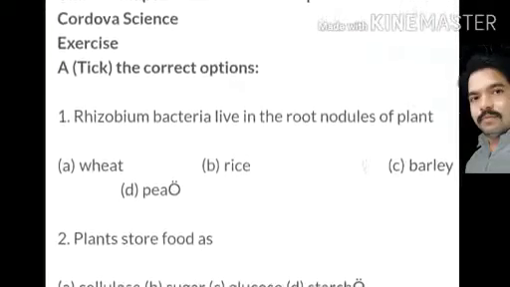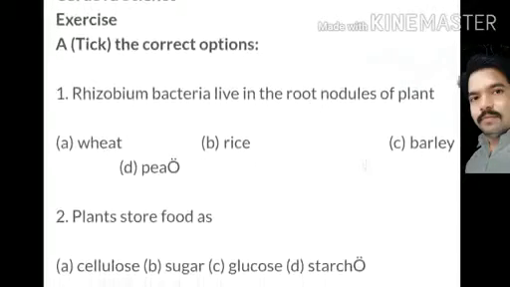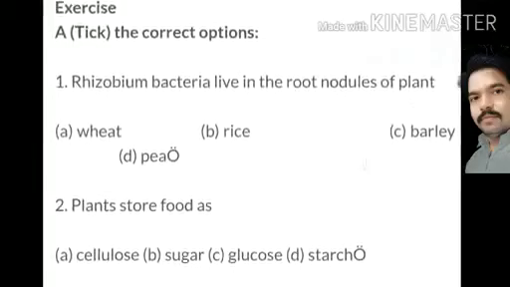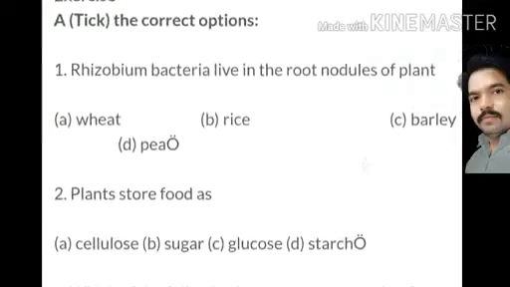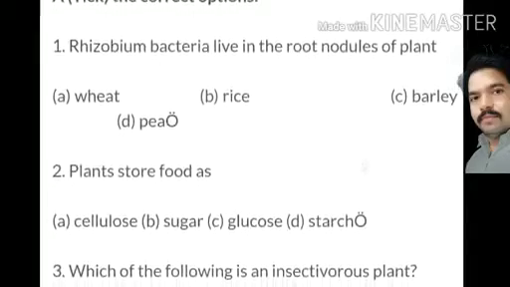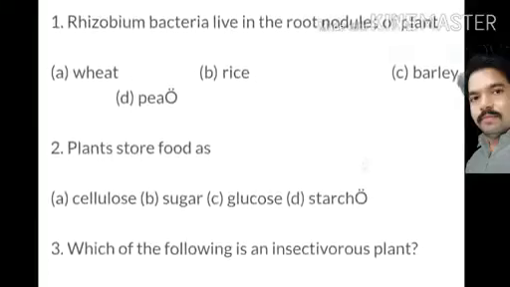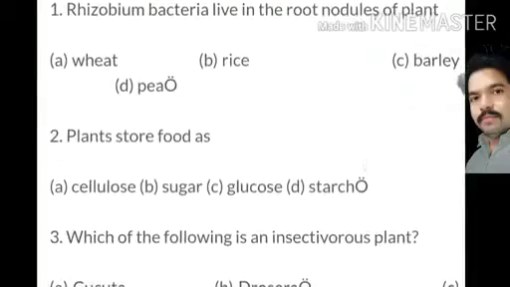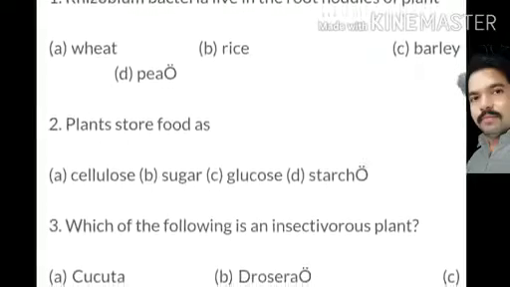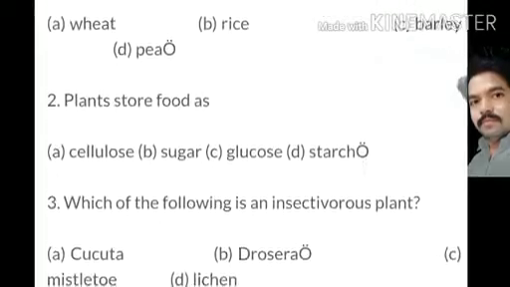Second question, plants store food as: cellulose, sugar, glucose, starch. So the correct option is starch. Now third question, which of the following is an insectivorous plant? The options are Cuscuta, Drosera, Mistletoe and Lichen.